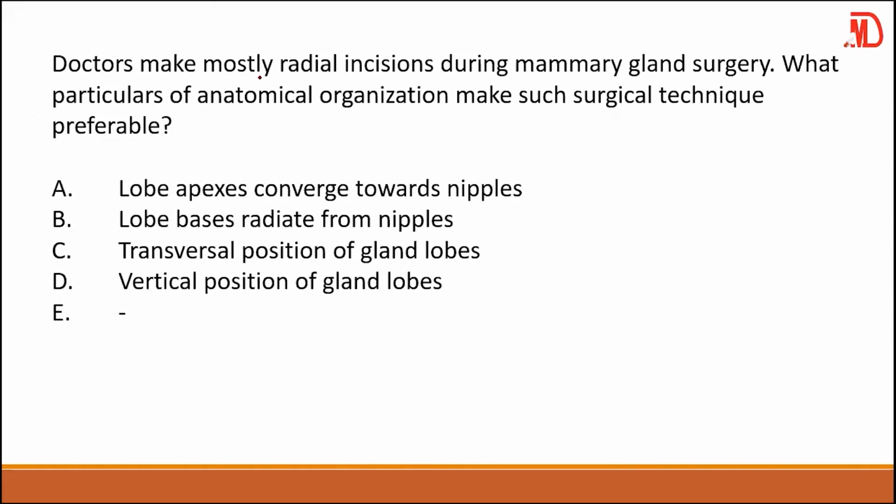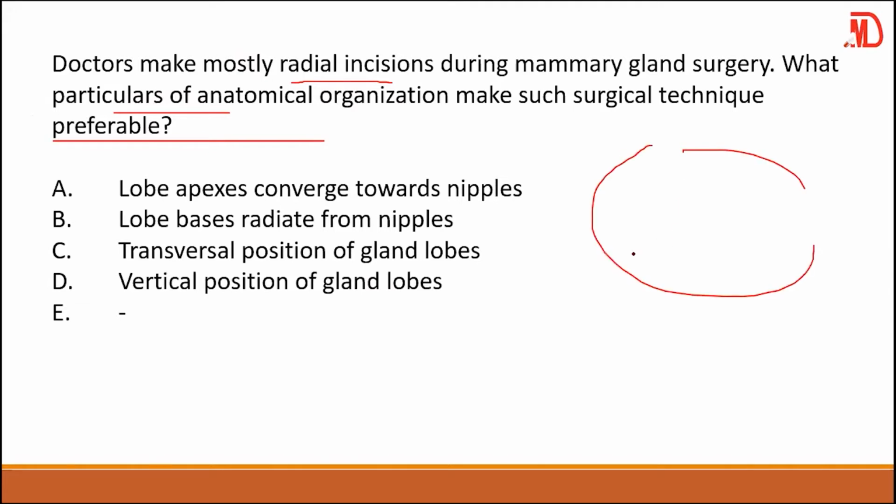Doctors make mostly radial incisions during mammary gland surgery. What particulars of anatomical organization make such a surgical technique preferable? In other words, anytime we have a radial incision, a radial incision like this, why do we do this?